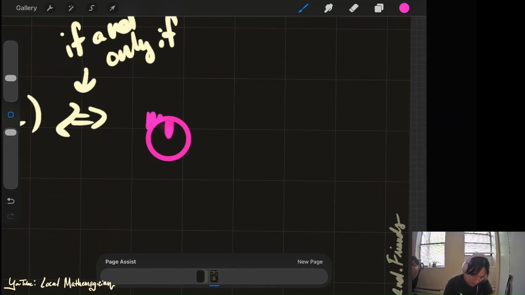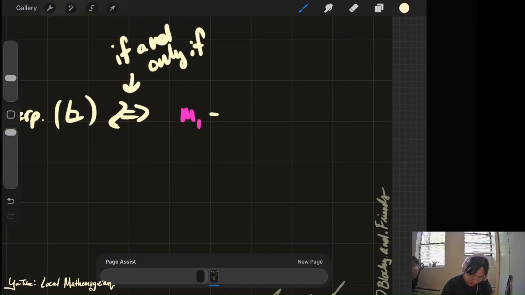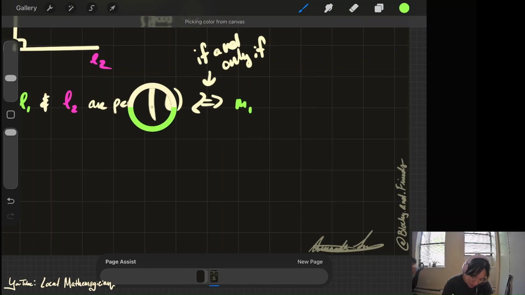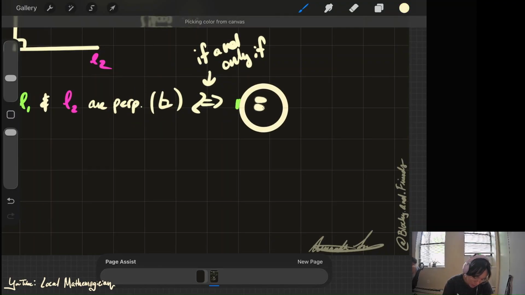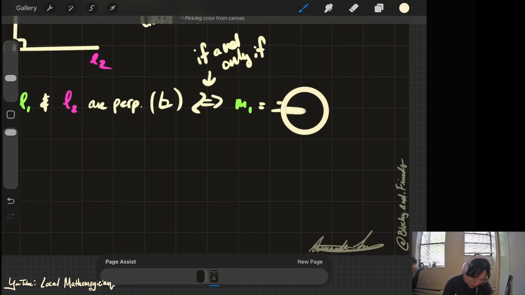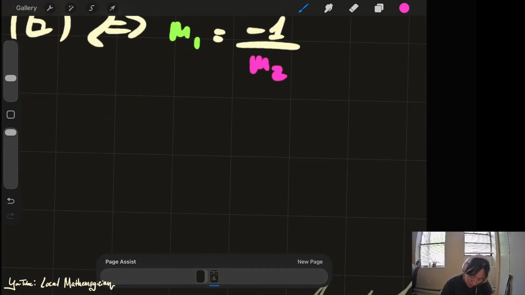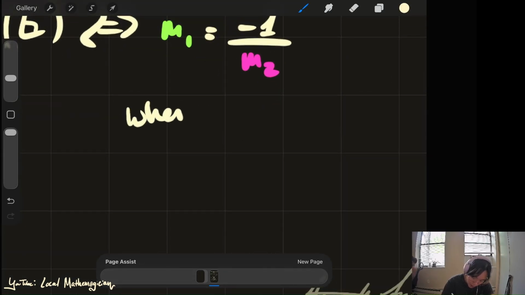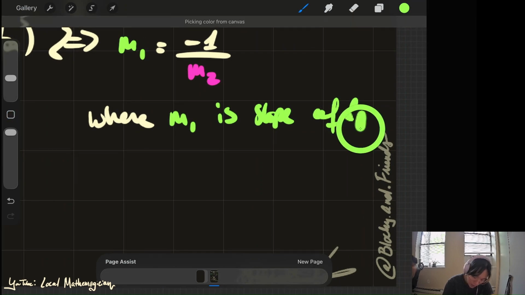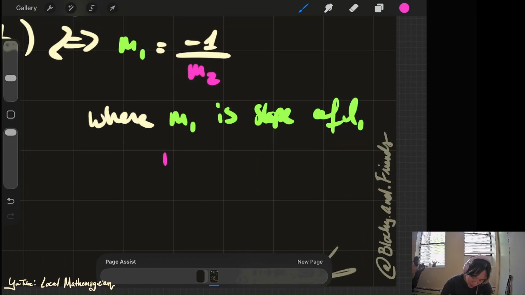M1 is equal to, no, try that again. If and only if M1 is equal to -1 over M2, where M1 is slope of L1 and M2 is slope of L2.